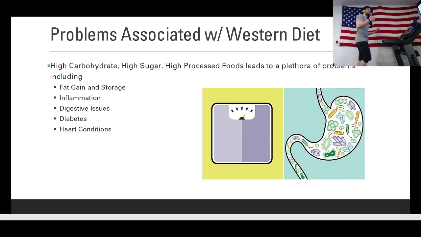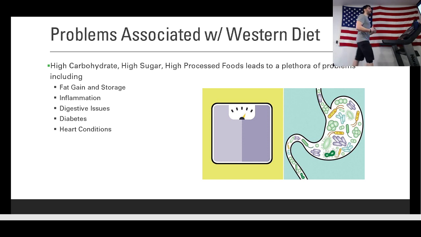You ingest the carbohydrates, it breaks down to glucose, and glucose is sugar. So you have this high sugar, which does lead to high insulin, producing the hormone insulin, okay? And you're eating these highly processed foods full of all this other stuff, high fructose corn syrup, aspartame, an artificial sweetener, and what it does to the body is it leads to a plethora of different problems.